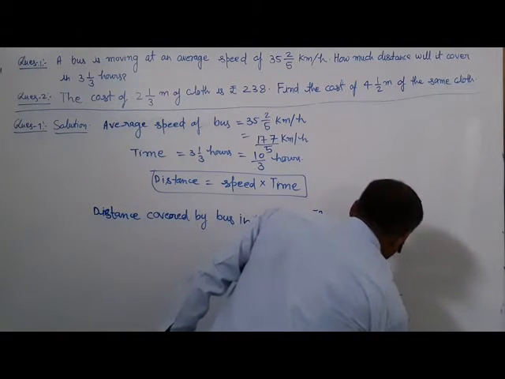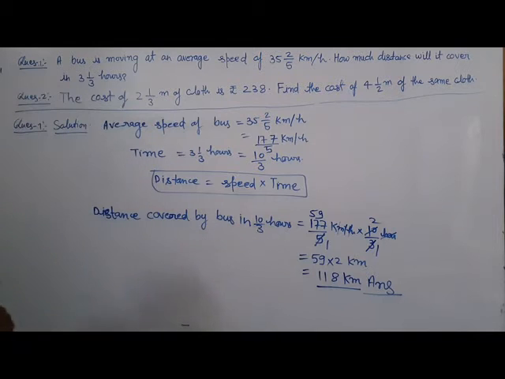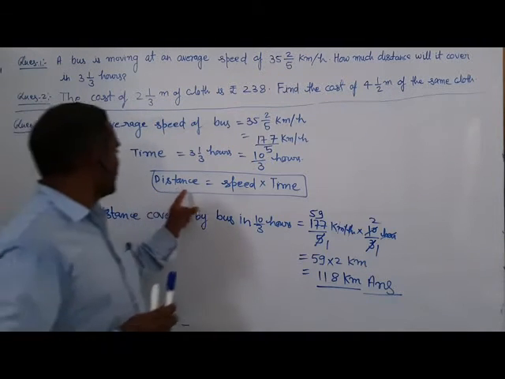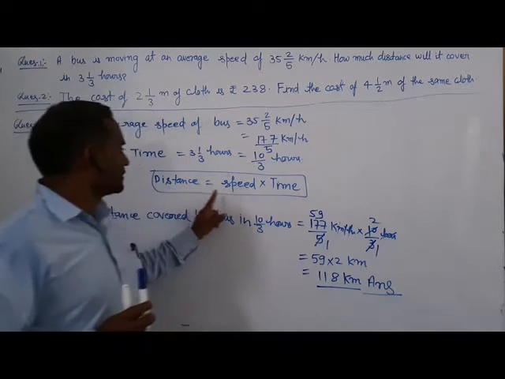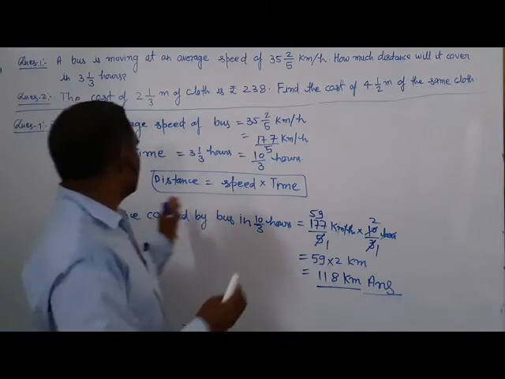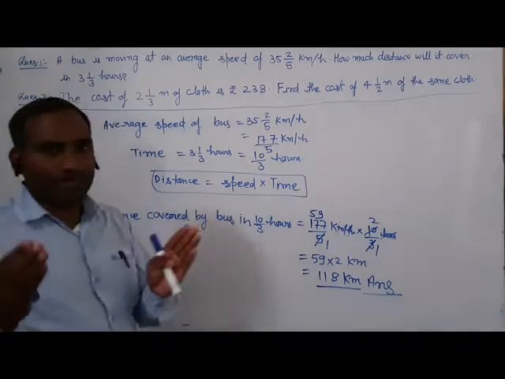This is your answer. First of all, you have to take care about this important formula: distance is equal to speed into time. With the help of this formula, you can find the time.